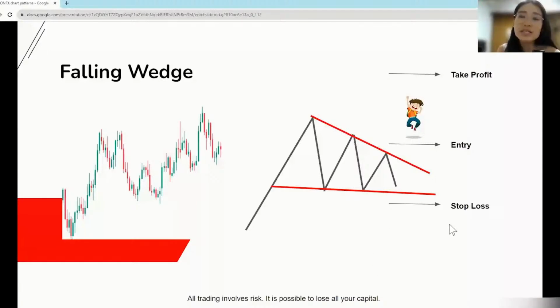What we mean by that is, if you take a look at the real life example here, it might be a little bit different from this diagram. But basically what happens is you have price moving upwards, and then price making lower highs.